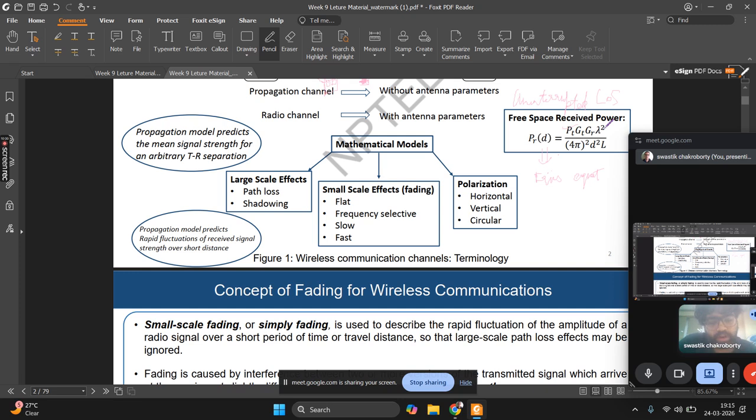Normal sub 6 gigahertz will have attenuation, but millimeter wave will have even higher attenuation. So that is what is specified by lambda square. If you increase the frequency, your attenuation will increase and your received power will decrease.